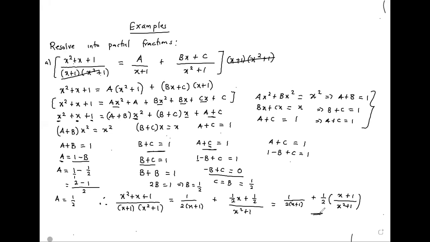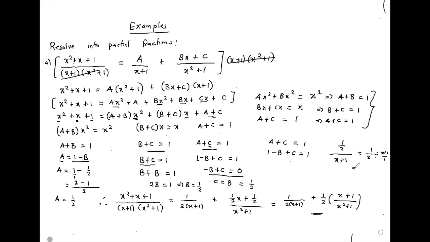I've got a question. Are you sure 1 over 2, when you put A as 1 over 2 over x plus 1, is going to give us 1 over 2 times x plus 1? When A is half over x plus 1, this is the same as 1 over 2 divided by x plus 1 over 1.